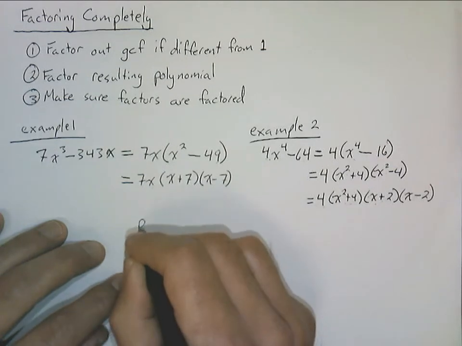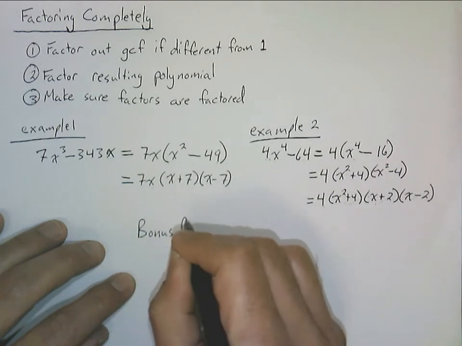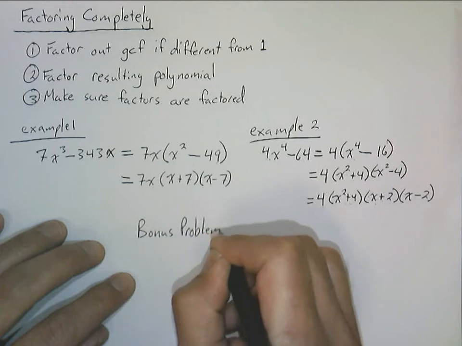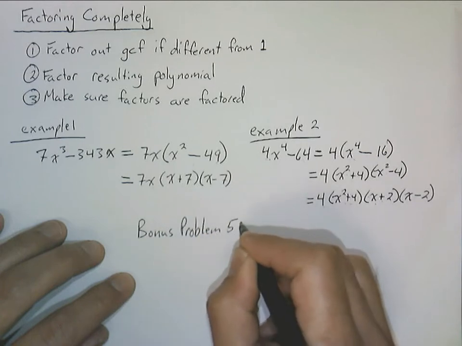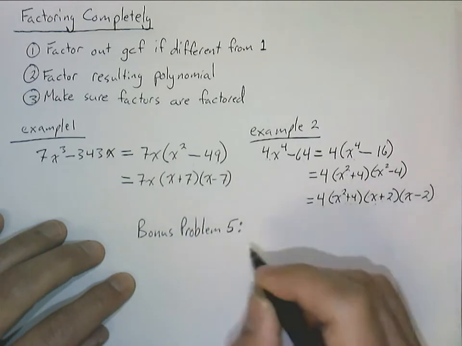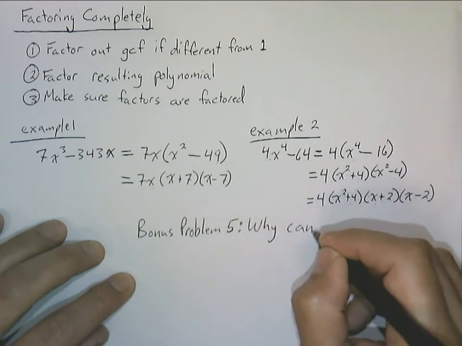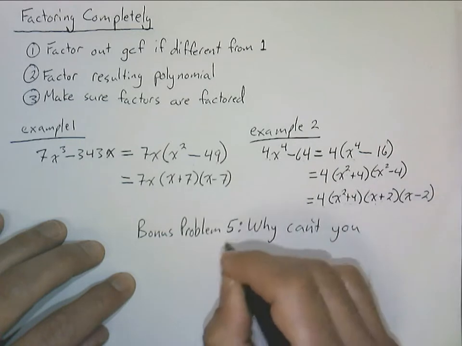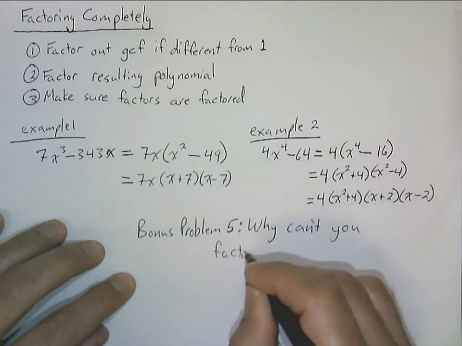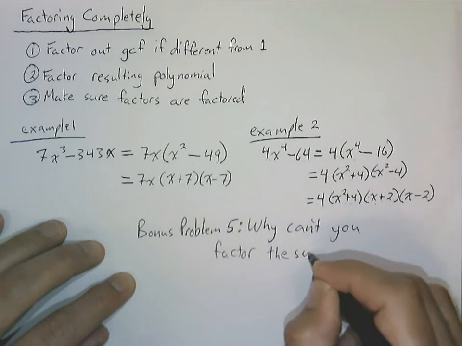So a bonus problem that I'm going to leave for you guys, we'll call this bonus problem 5, to go along with the other 4 that are up on the website. And the basic question is, why can't you factor the sum of two squares?